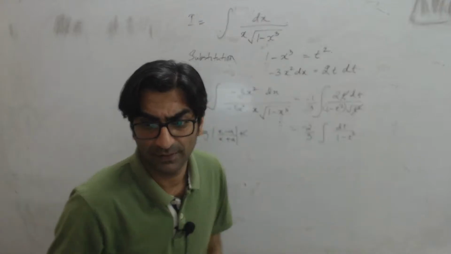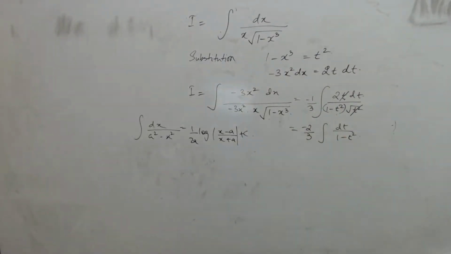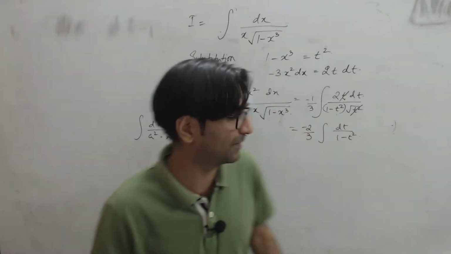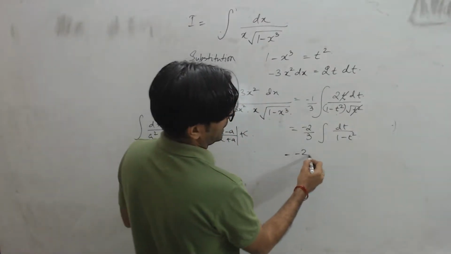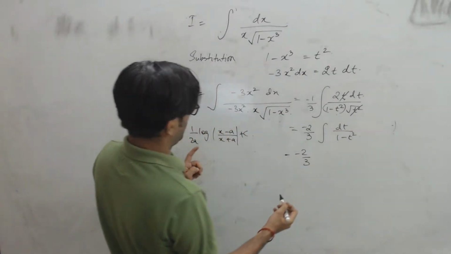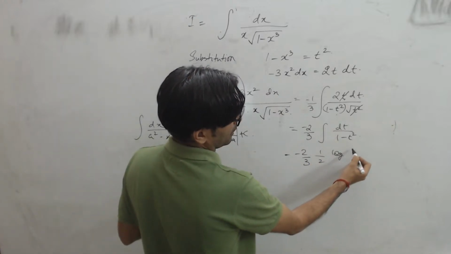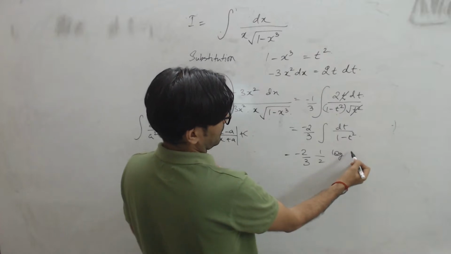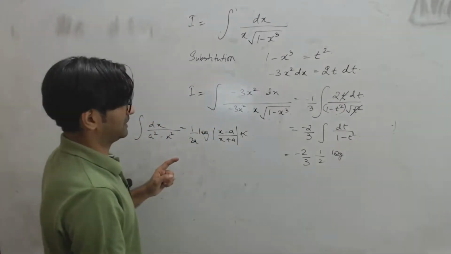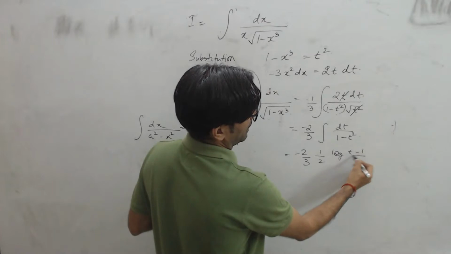So clearly, in this case, I can make that substitution. So this becomes minus 2 by 3 into 1 by 2a. In this case, a is 1. So 1 by 2 into log of x minus a upon x plus a. So this will be t minus 1 by t plus 1.